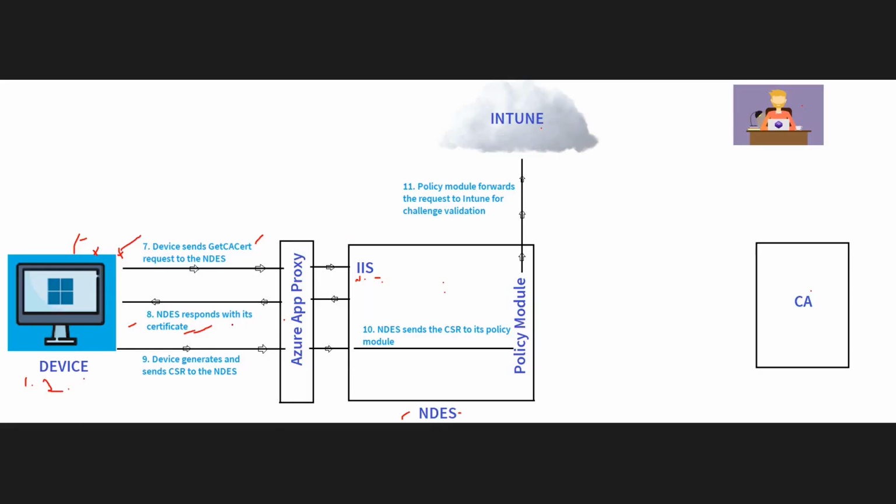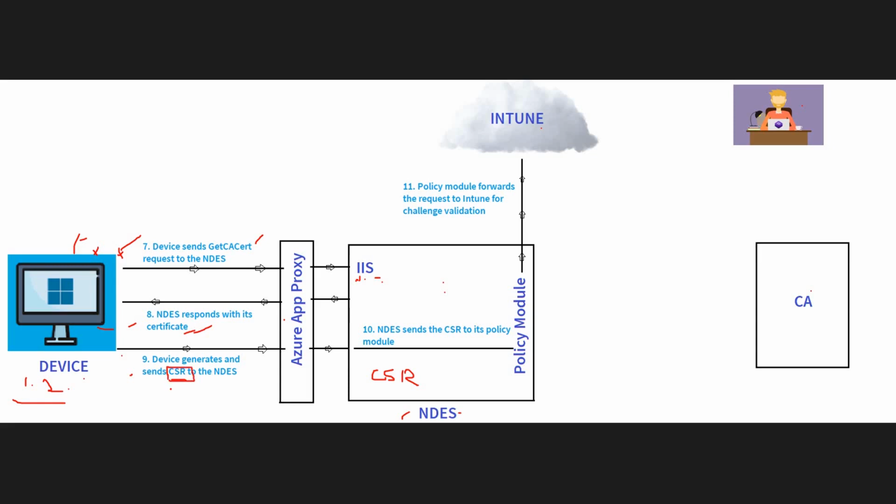So now in step 8, the device has received the two RA certificates. Now in step 9, the device is going to generate something called a CSR, and it is going to send the CSR to the NDES server. We are going to see what the CSR is later on, but think of it like a packet.